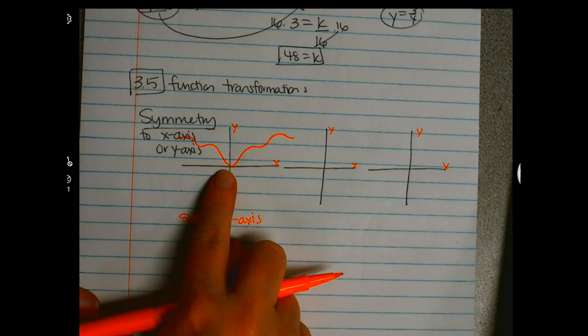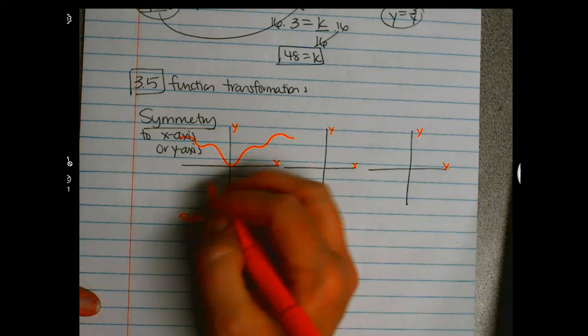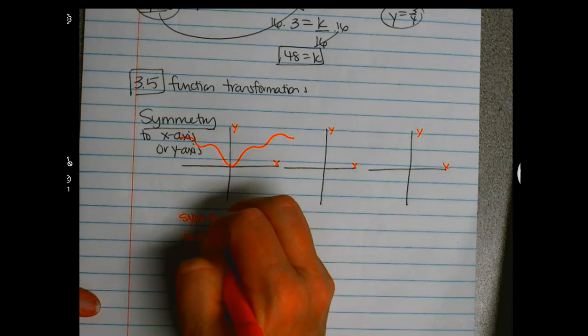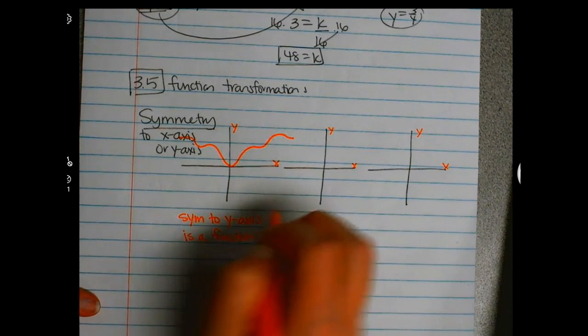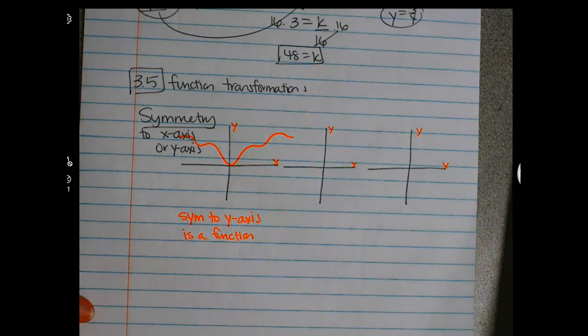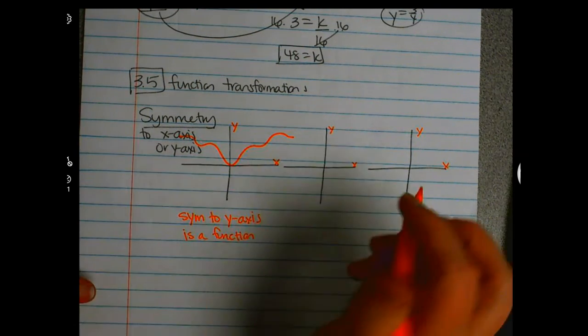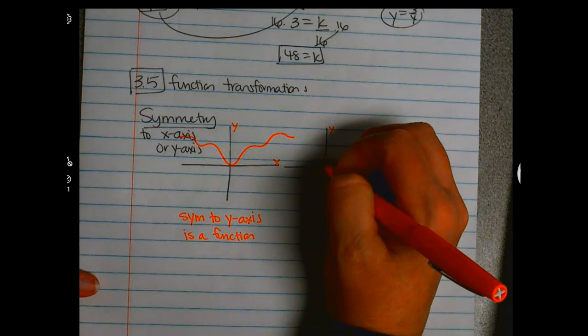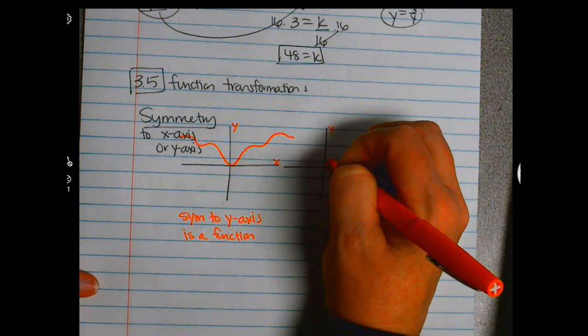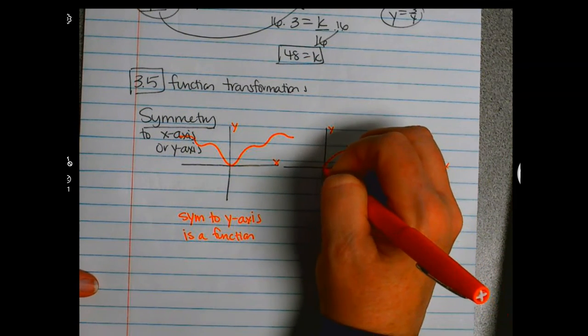This is a function. How do we know it's a function? Because it passes the vertical line test? Yes. Whereas if I do the same thing sideways, I'm just going to do a parabola because that's easier.